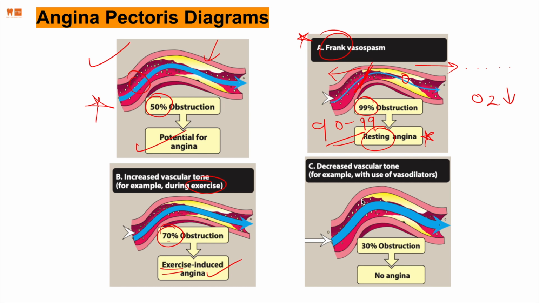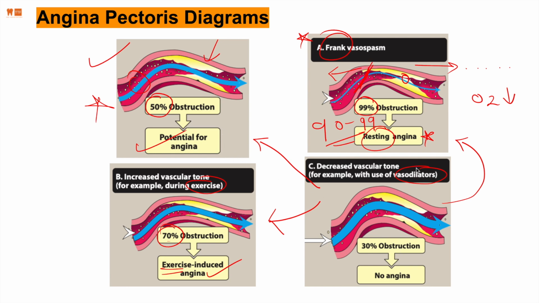So far, so good in the pattern? Perfect. Then there's a decreased vascular tone, for example, use of vasodilators, and all of a sudden, this 99% frank vasospasm, or this 70% exercise-induced plaque, because the vascular muscle gets toned, or even with 50% resting, normal angina chances, 50% obstruction chances.